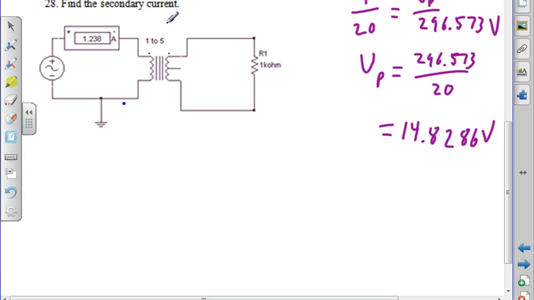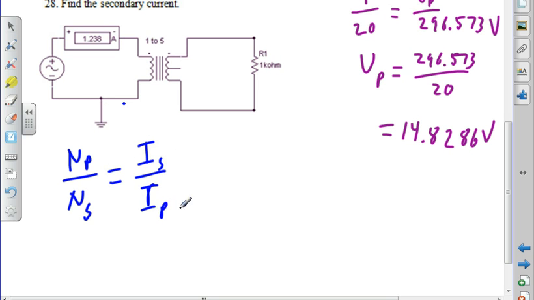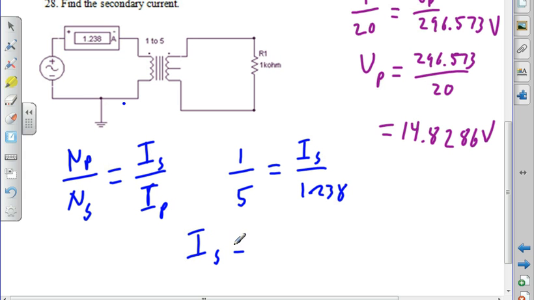Find the secondary current. Primary turns divided by secondary turns is secondary current divided by primary current. Okay, so 1 to 5 is equal to what I'm looking for divided by 1.238. So current secondary, 1.238 divided by 5.